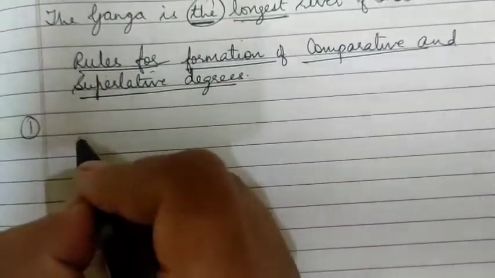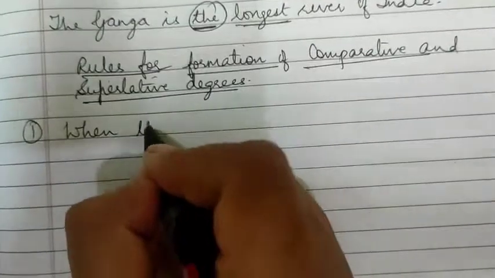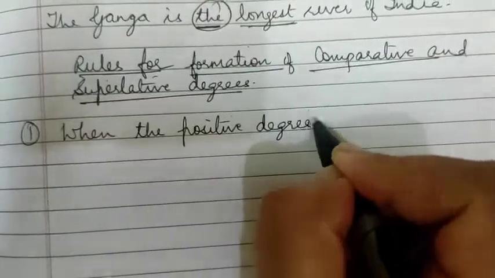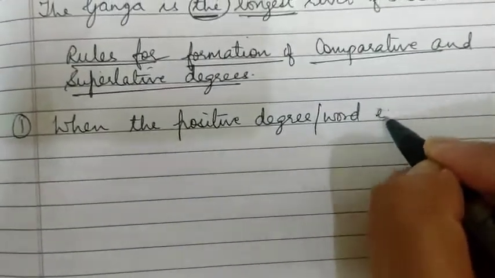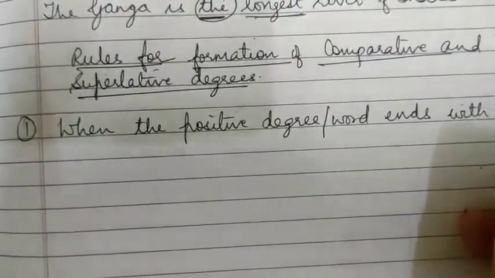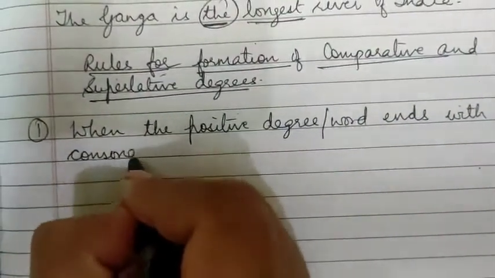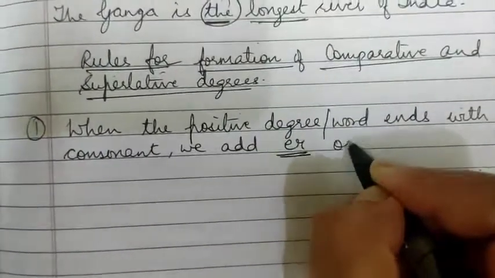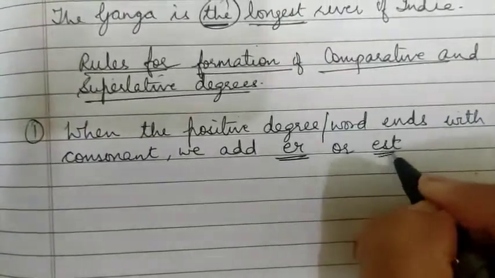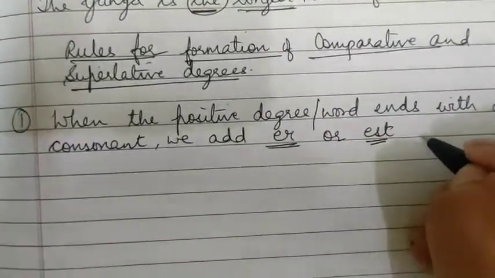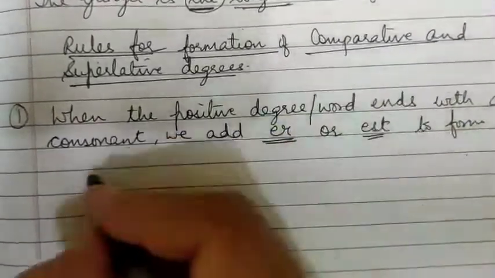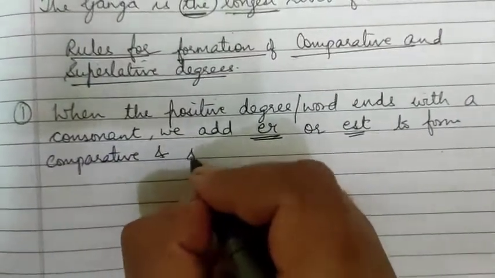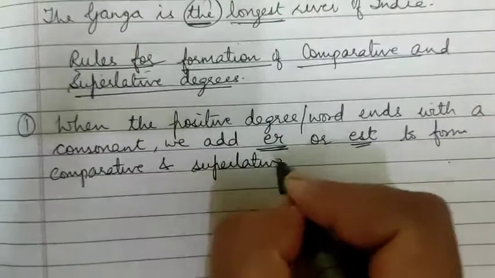The first rule is that when the positive degree or word ends with a consonant, we add ER or EST to form comparative and superlative degree.